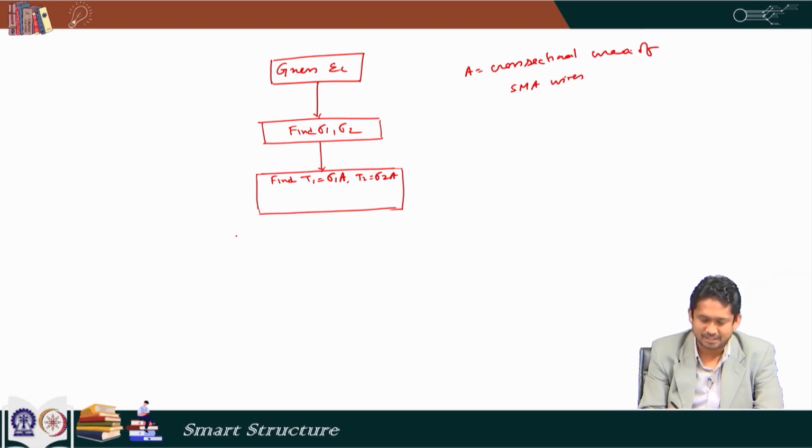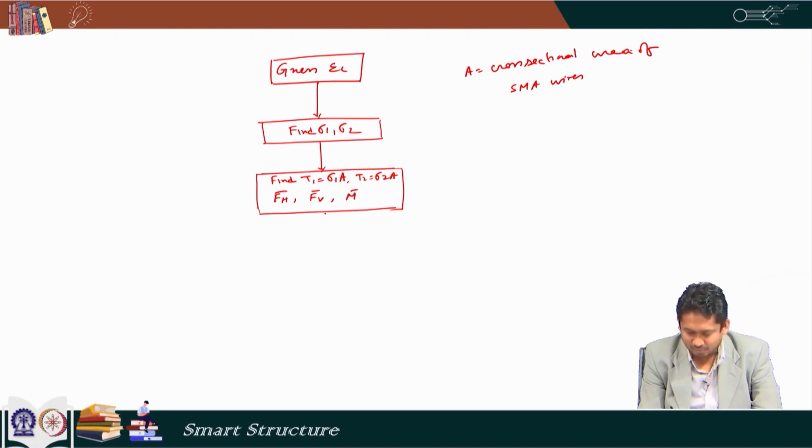If I get my T 1, T 2, I can find out the quantities F h bar, F v bar and m bar. Once I know those quantities, my force vector in the finite element formulation is defined.